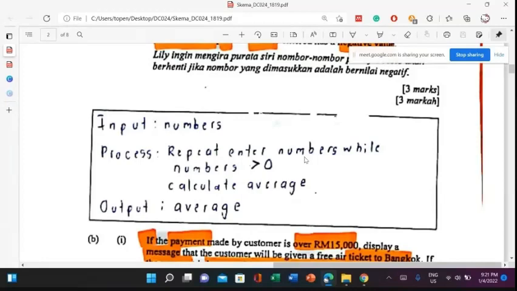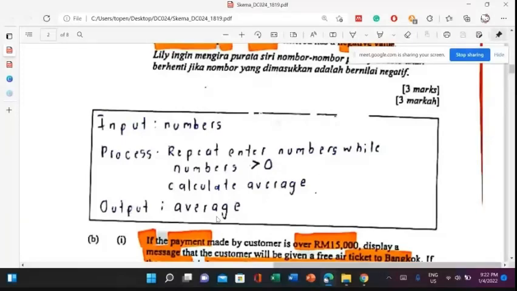And once a negative number is entered, it will stop repeat. So our sentinel value is negative number. And after that, we will calculate average. Okay. You can write it like this, put full stop, and after that, calculate average. Okay, and our output is average.